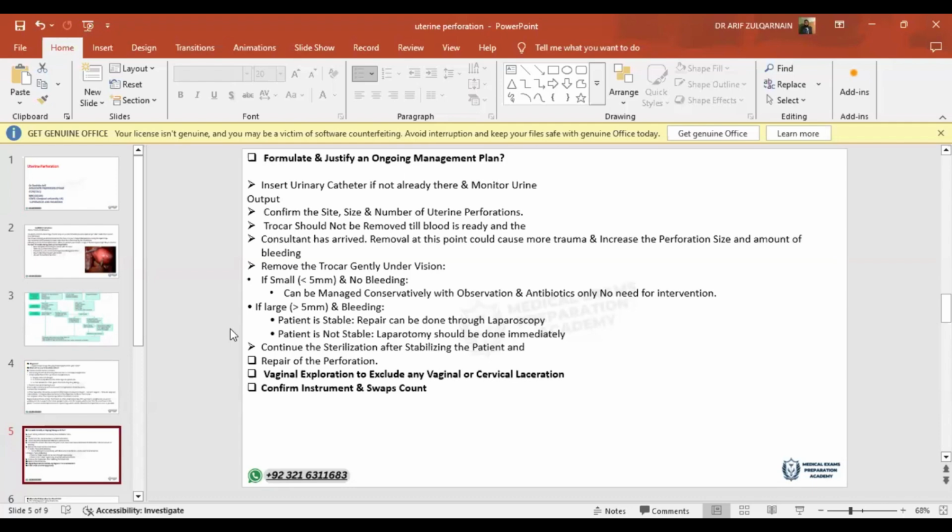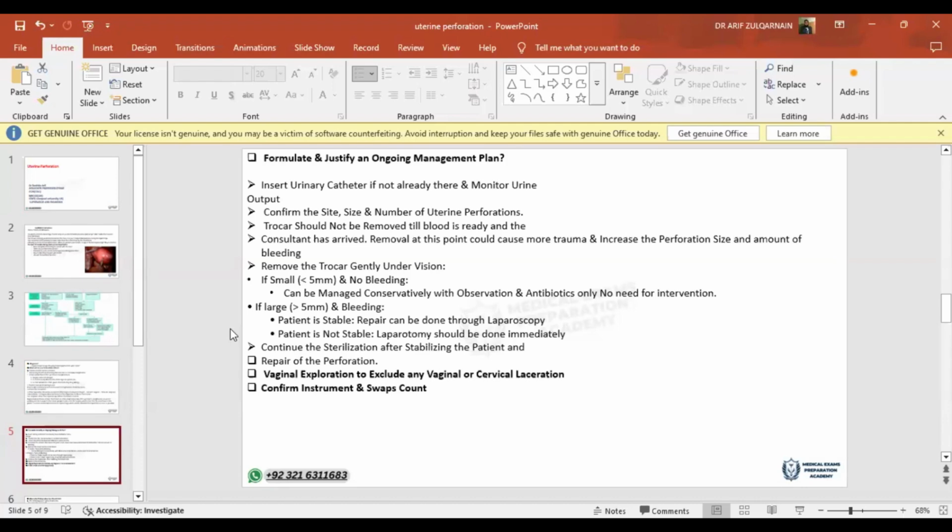And the most important point, which many candidates forget to mention, is that after repair of the perforation, you will continue the sterilization procedure after stabilizing the patient. This laparoscopy was being done for tubal sterilization, for tubal ligation.